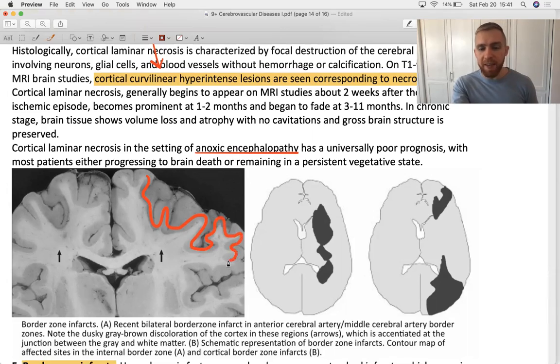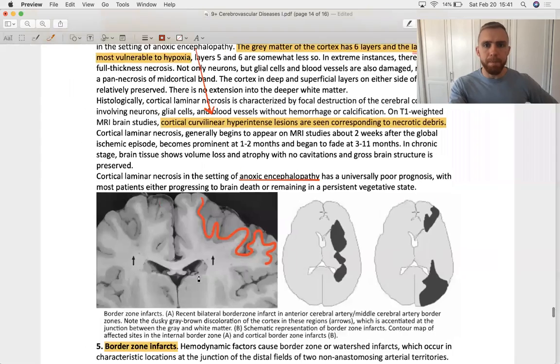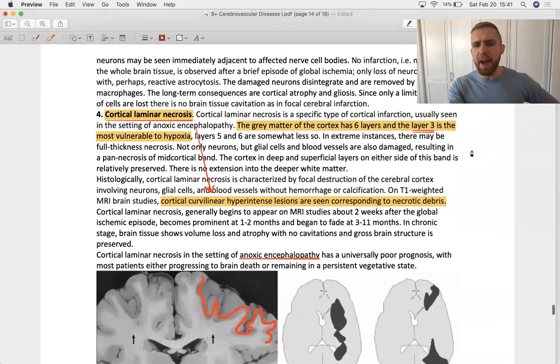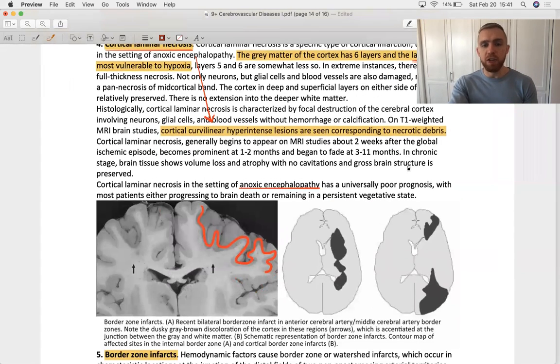And it'll look something like that, straight up. Layer 3 has the biggest, most oxygen-dependent cells, and is therefore the most vulnerable to hypoxia. And one more time, this is called cortical laminar necrosis. And it's seen in the setting of a global perfusion deficit to the brain, or a global brain hypoxia. It's not a focal type thing.